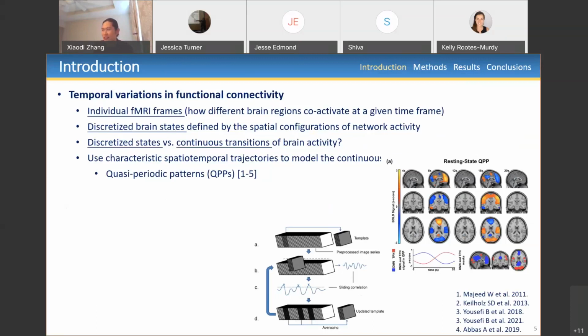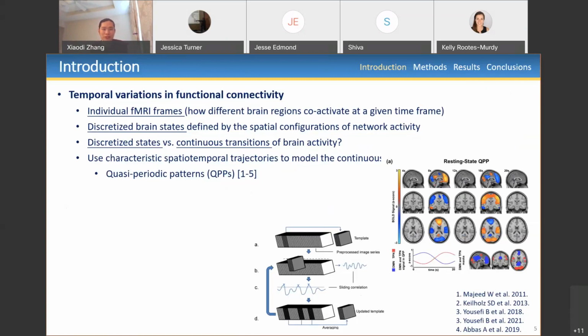This pattern has the default mode network and task positive network, two major networks in the brain, showing opposite phase, an anticorrelated relationship, and it's roughly a sinusoidal wave over the course of around 20 seconds. This is very interesting, and I think this is the kind of characteristic spatial temporal pattern that we are looking for.